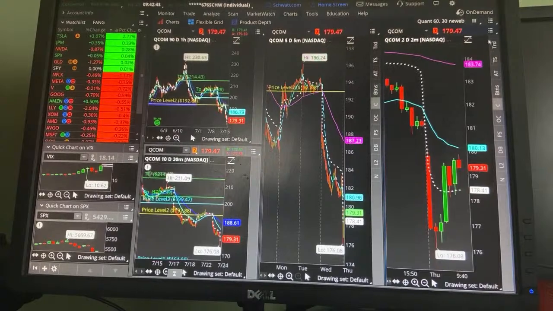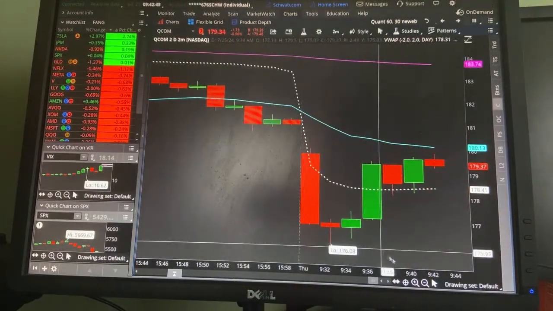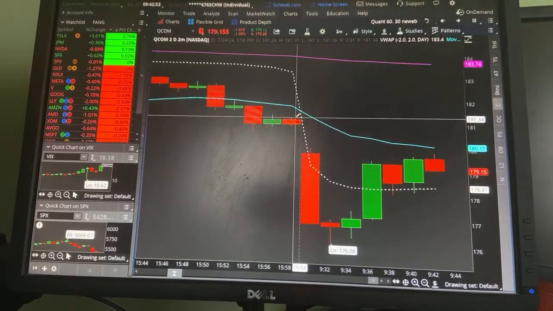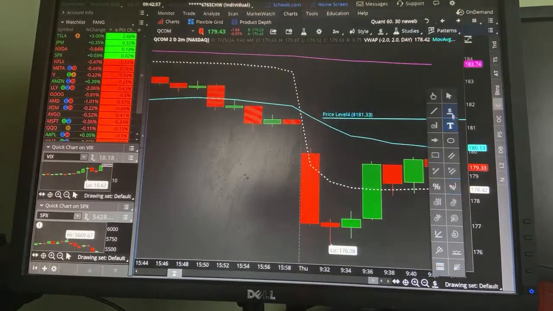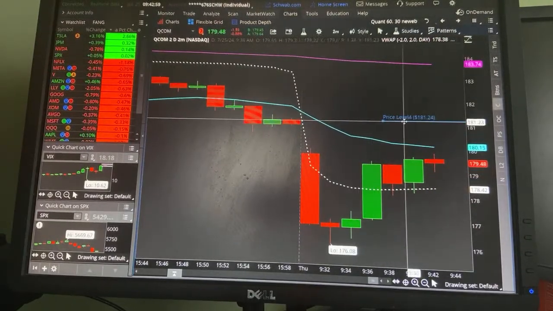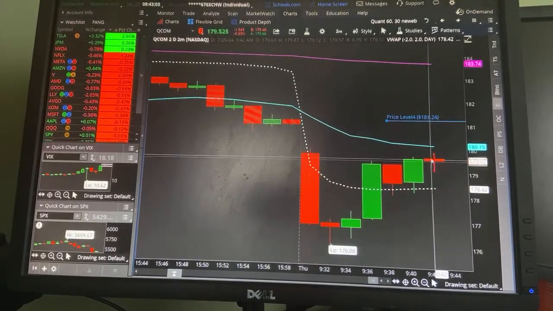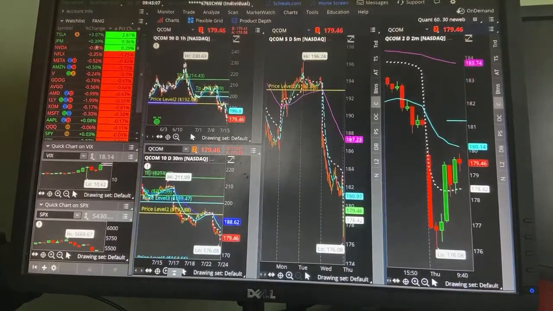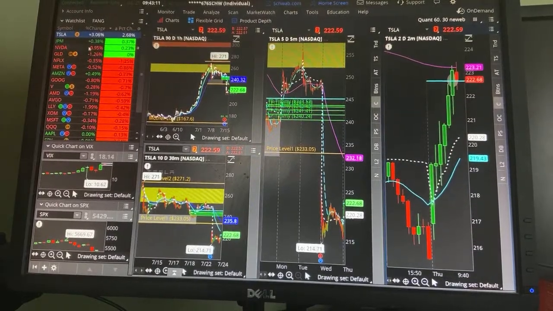QCOM might be interesting. It's not. I would wait for it to develop and clearly take out this opening bar print here, and I would say even conquer and reclaim this gap fill right here. So QCOM needs to prove a bit more if this daily demand zone is going to work out. It's setting up decent above its VWAP, but I want to be a little careful with the bullish exposure here this morning. But that was decent.